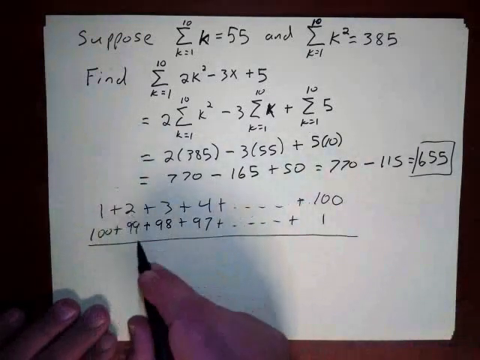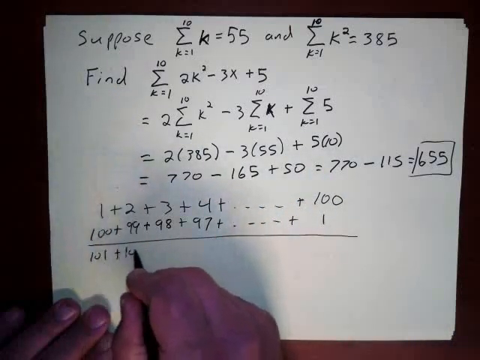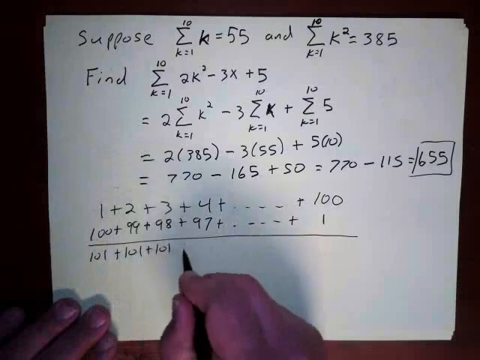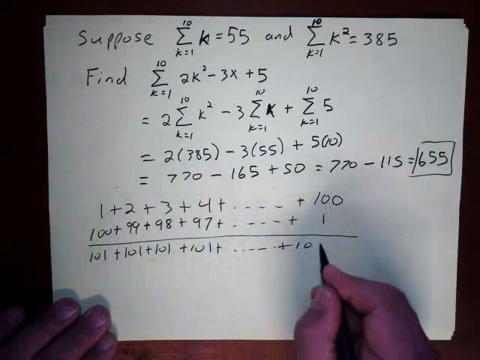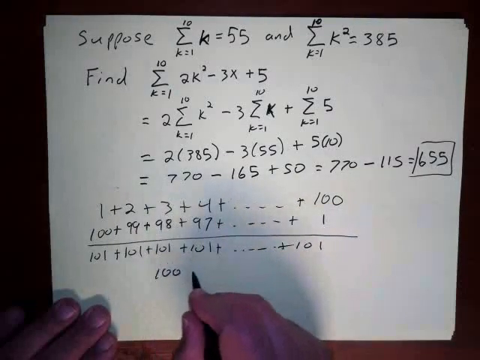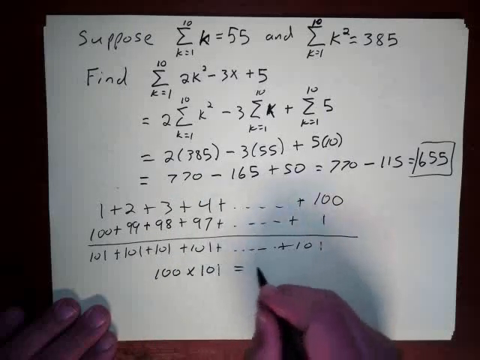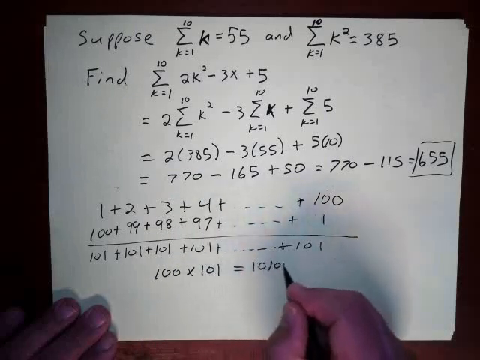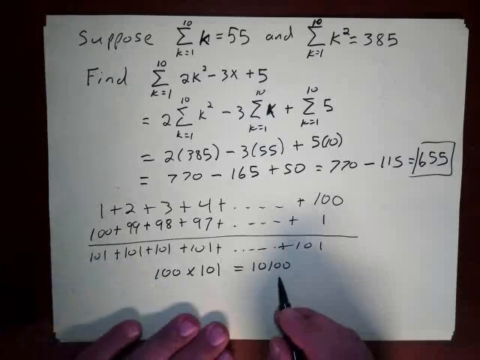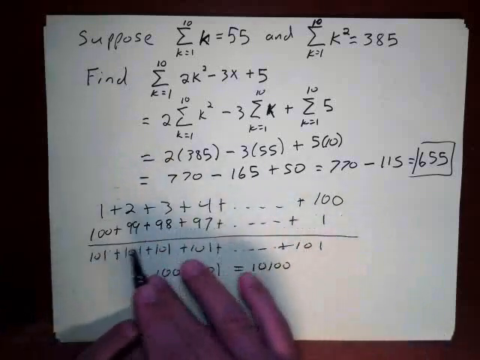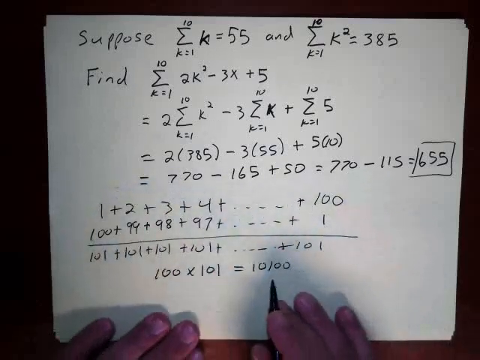And he realized that when you did this and you added all these up, this would be 101, this would be 101, 101, 101, 101. And he realized you had 100 factors of 101, and he knew you could add the 2 zeros and you would get 10,100. But he knew that when he did this, he ended up adding 1 to 100 twice.